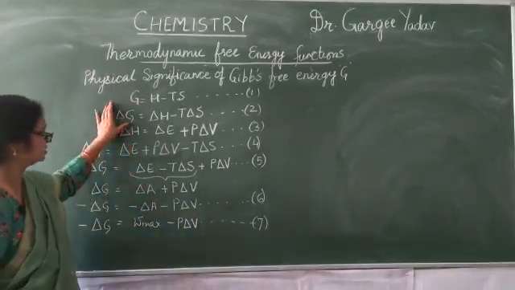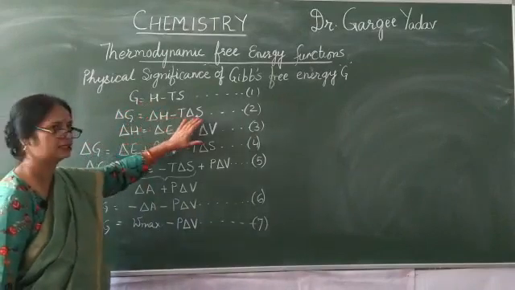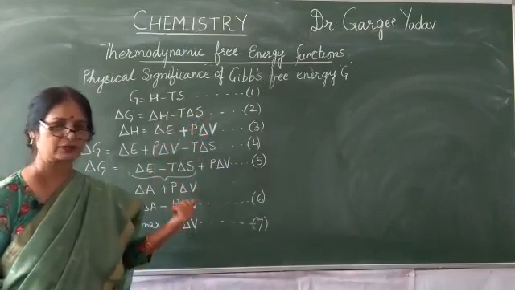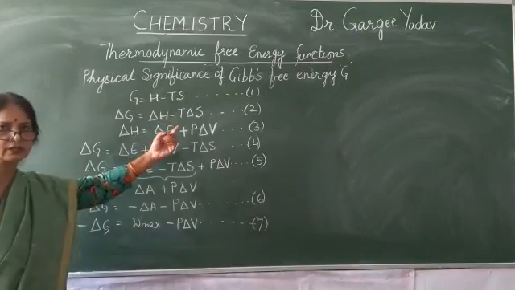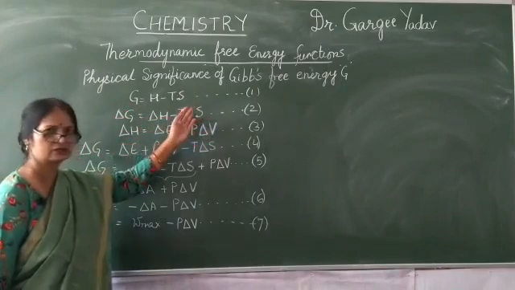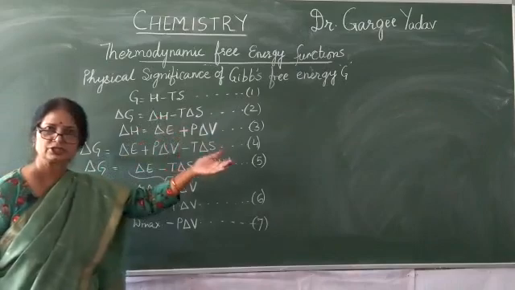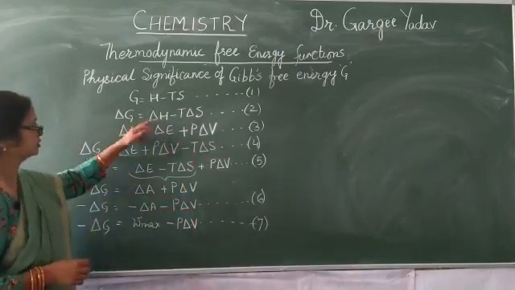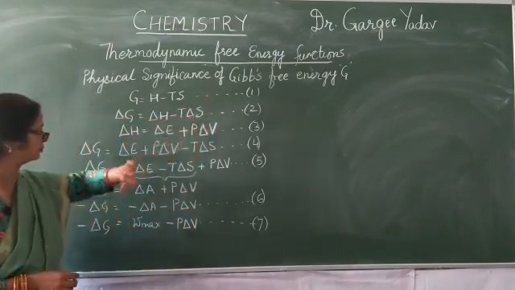So this delta G, the change in the free energy, is equal to delta H minus T delta S. At constant temperature, since we are calculating it at constant temperature, the expression for the change in the Gibbs free energy will be delta G is equal to delta H minus T delta S, and it's very easy to arrive at this equation by considering the initial state and the final state and the difference between them. Let it be equation number 1 and let this be equation number 2.